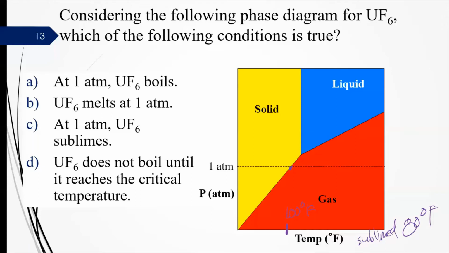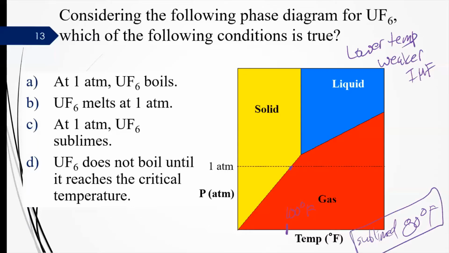So if they're going through that same transition, the lower the temperature, the weaker the intermolecular force for that same transition. So our UF6 that sublimed at 100 degrees Fahrenheit is going to have stronger intermolecular forces than our compound that sublimed at 80 degrees Fahrenheit.